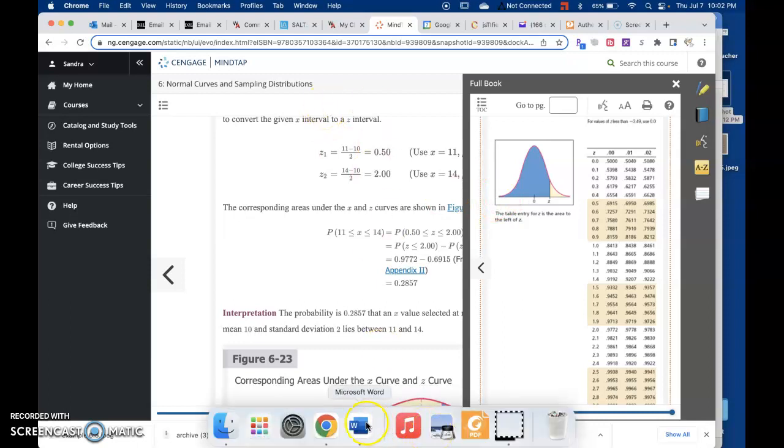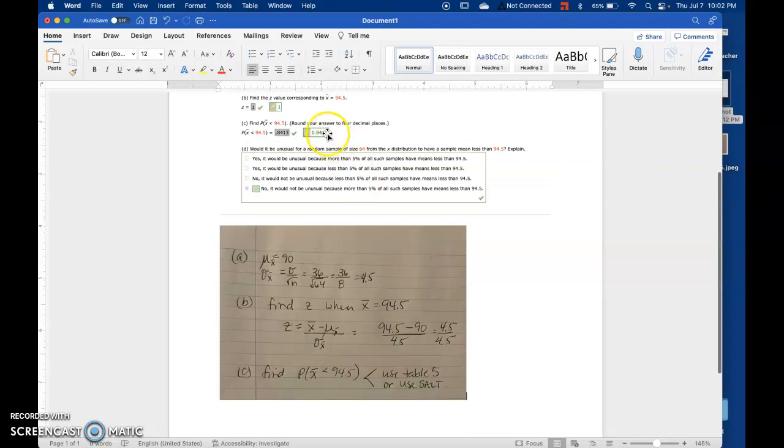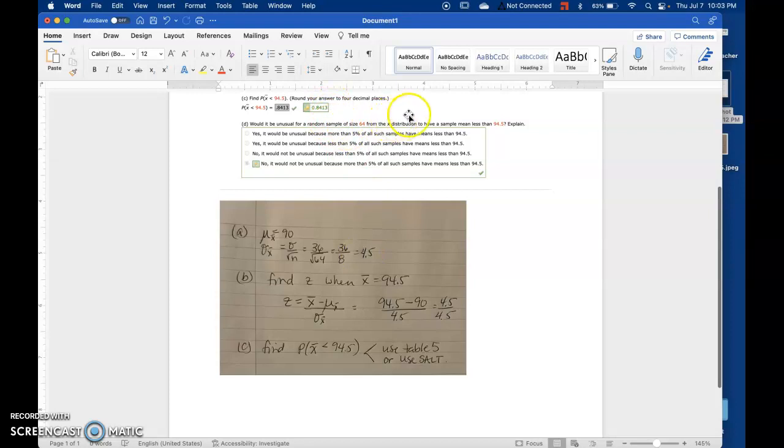So if we go back to the sheet here, then you will see X bar less than 94.5. You use table 5, and that answer is 0.8413. Had it said greater than, then I would have done 1 minus 0.8413, which would have been 0.1587 had it asked for greater than.